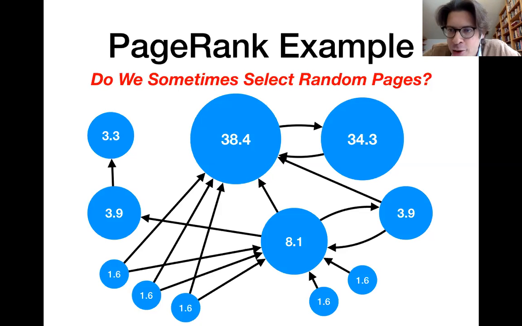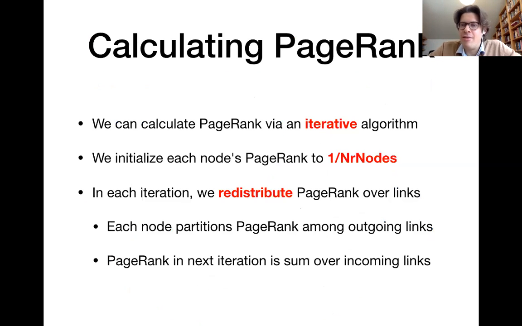Okay, very good. There are multiple ways to calculate the PageRank, but you can use an iterative algorithm where you initially assign a PageRank of 1 divided by the number of nodes, meaning the number of websites, to each of the websites. This is because the random surfer initially selects the start website with a uniform random distribution. Then in each iteration, we redistribute the PageRank.